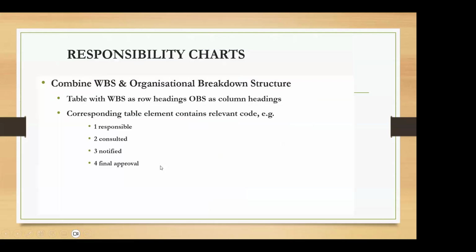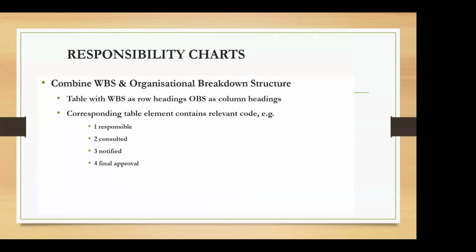Right. So the next important part of doing this or developing the WBS is to come up with the responsibility charts. So this is basically where you combine the work breakdown structure with the organizational breakdown structure, right? So this will be a table with WBS as the row headings, right?